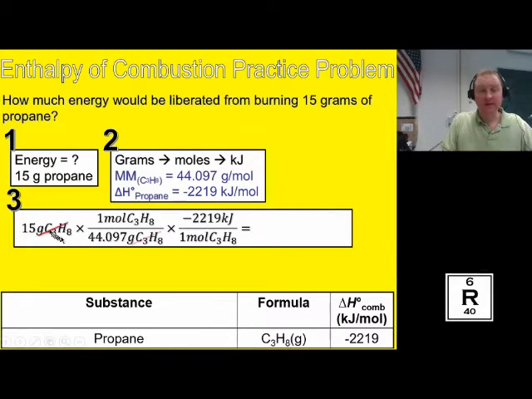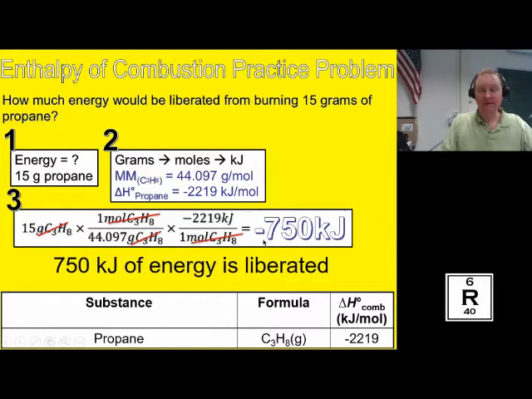So by doing this, I can cancel out the grams, which can cancel out the moles, and my answer will be in kilojoules. So if I take 15 and multiply, and then divide that by 44.097, and then multiply that by negative 2,219, my unit will be kilojoules. And I'll have negative 750 kilojoules as my mathematical answer.